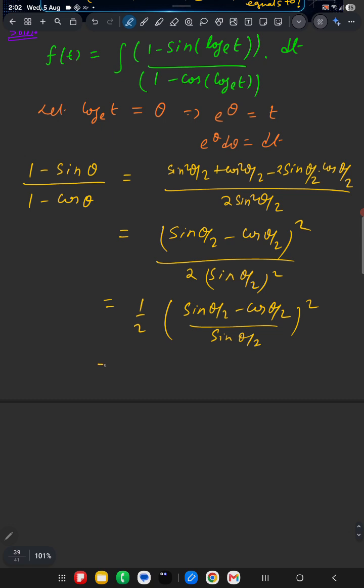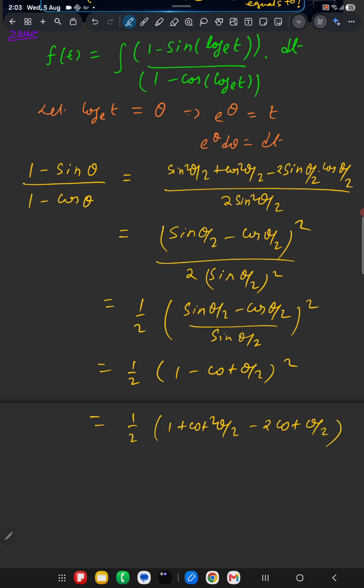So this way you will get half into (1 minus cot theta by 2) square, which if you open the bracket using the a minus b whole square formula, is 1 plus cot square theta by 2 minus 2 cot theta by 2, and 1 plus cot square theta by 2 is nothing but cosec square theta by 2 minus 2 cot theta by 2. I hope you have understood this one.